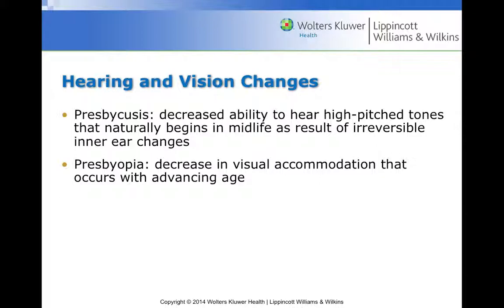And we spoke a little bit about hearing and vision changes. You just want to note that you do not have to shout at people if they do have difficulty hearing. And actually, if they have difficulty with vision, you just want to understand what kind of vision problems they're having.